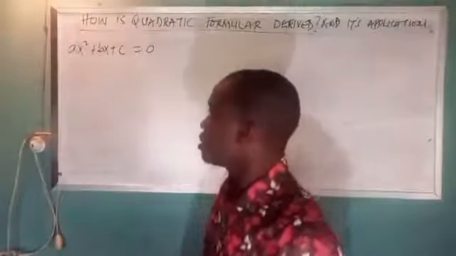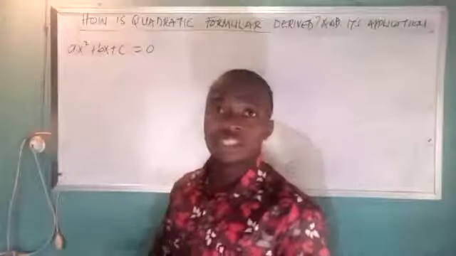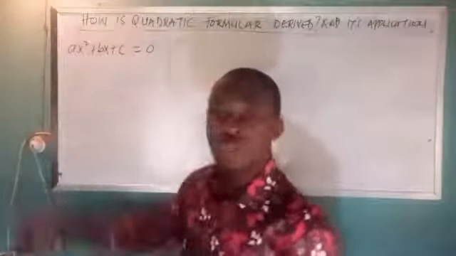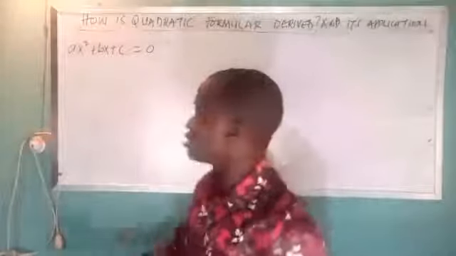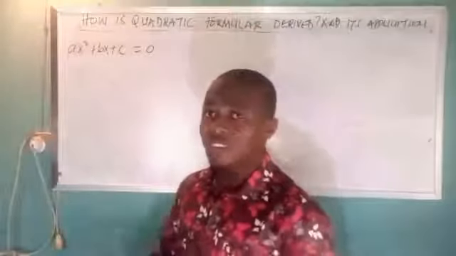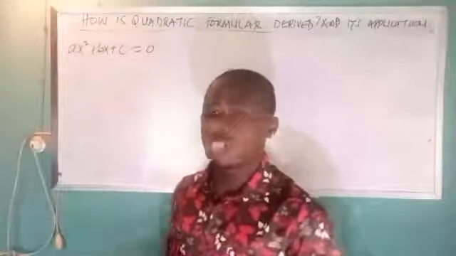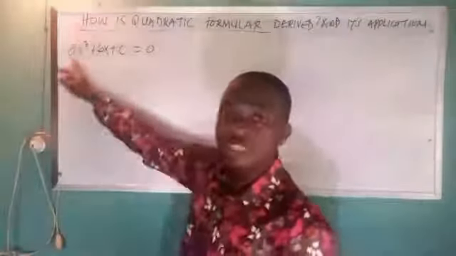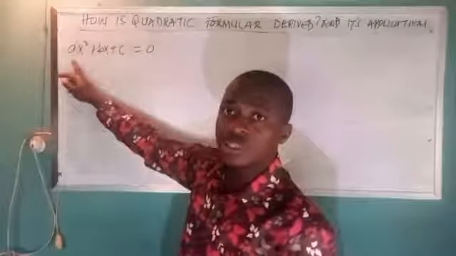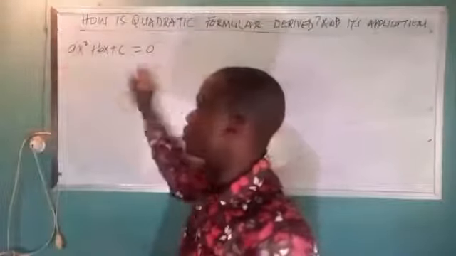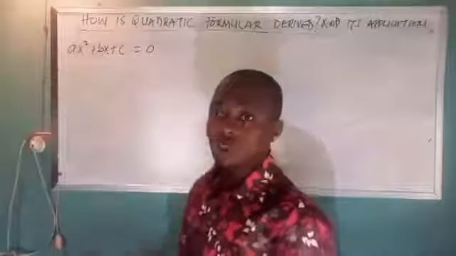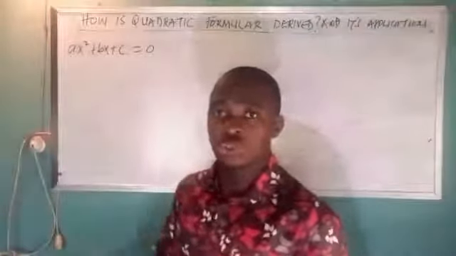So I don't think this should be a problem here. The first thing we are going to do is make sure that the coefficient of x squared is unity, that is, 1. Definitely what we have here is not unity. So we divide through by a so that the coefficient of x squared will turn to 1.